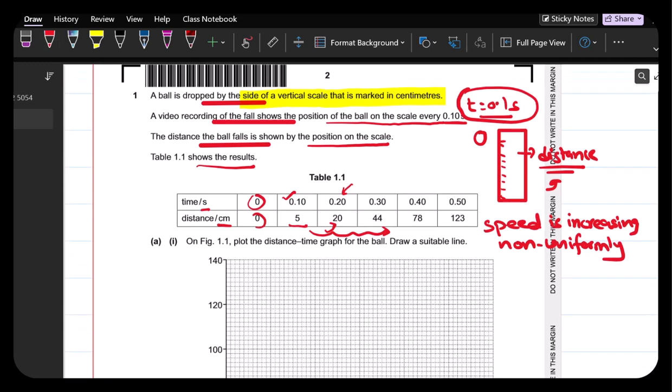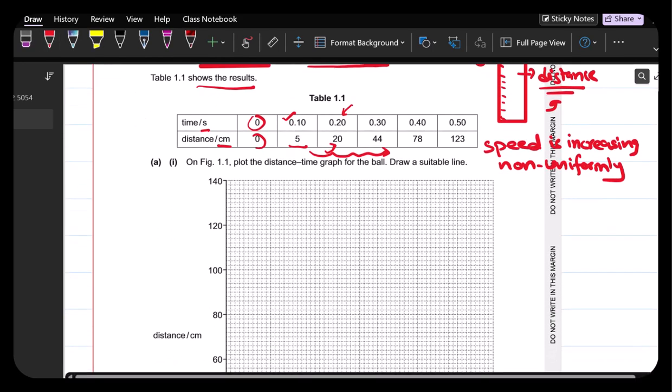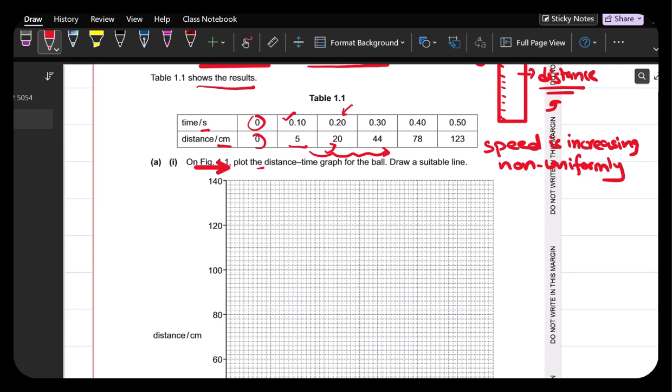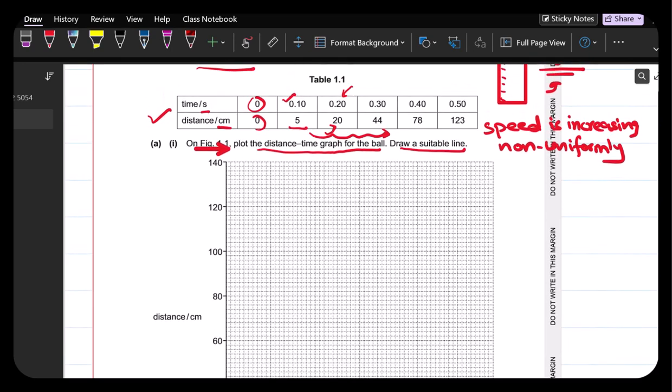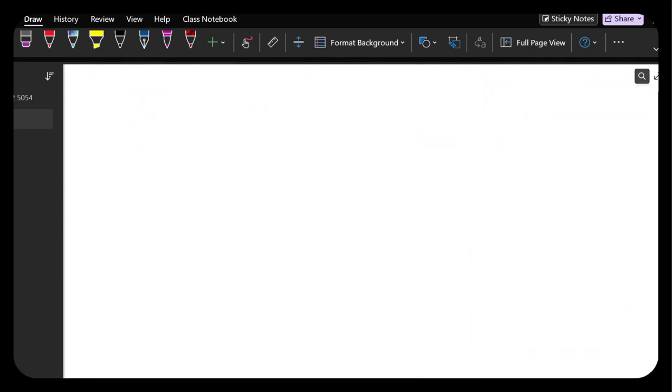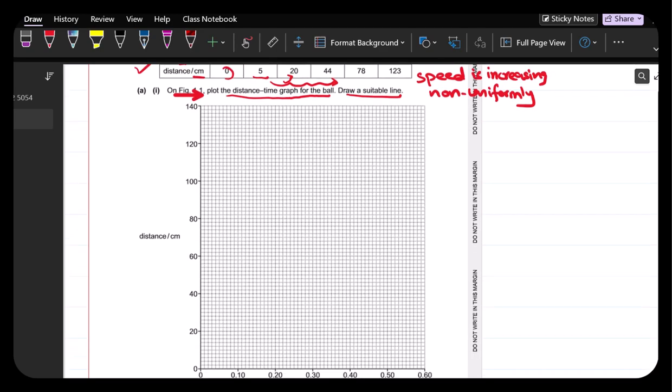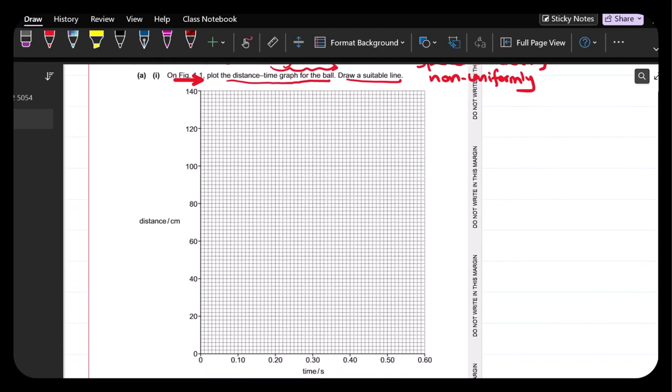So moving forward, part A is on figure 5.1: plot the distance-time graph for the ball, draw a suitable line. So this data is given to us. We have to use this data to plot the graph. On the horizontal axis, each interval is of 0.1 second.